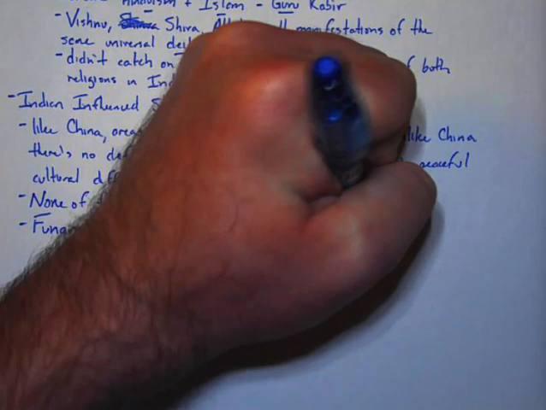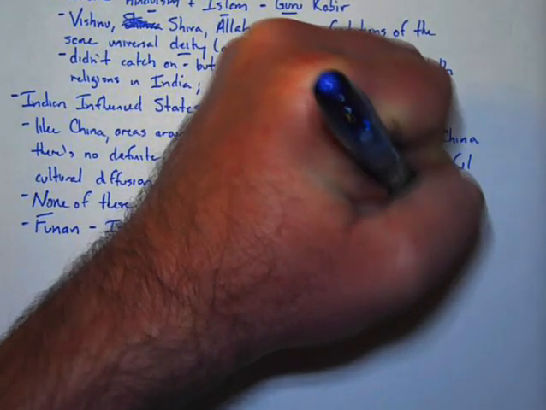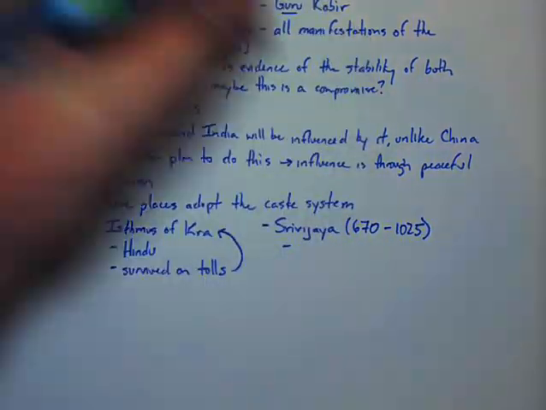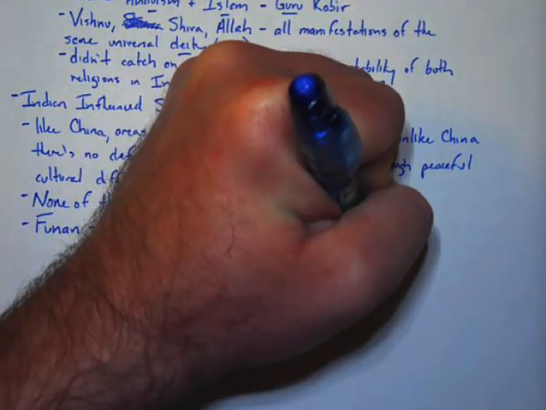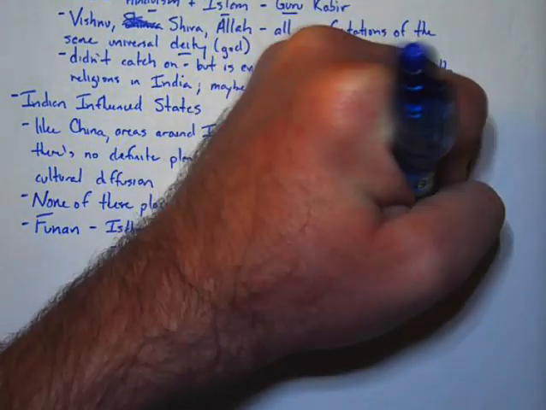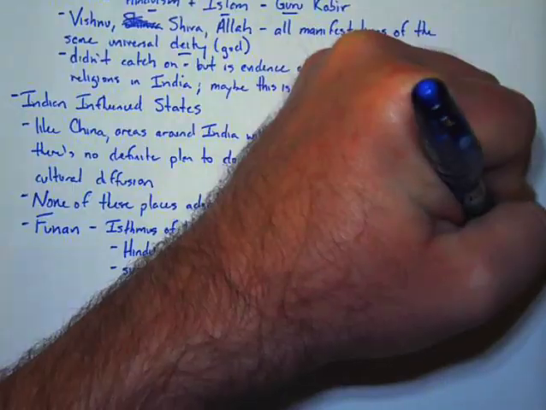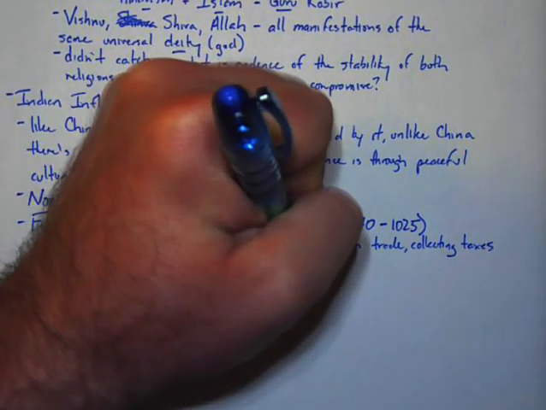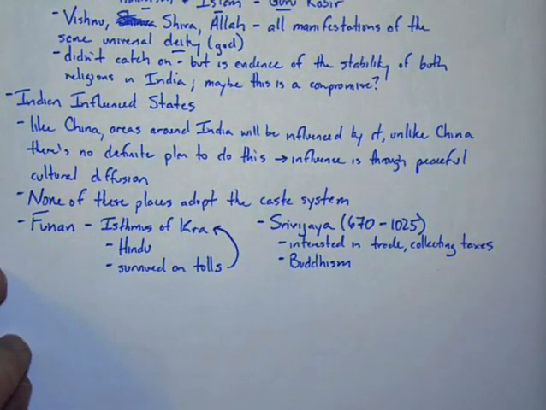So these guys are around from 670 to 1025. Now again, like Chola, they're really only interested in trade and collecting taxes. And unlike India, they had a deep commitment to Buddhism.